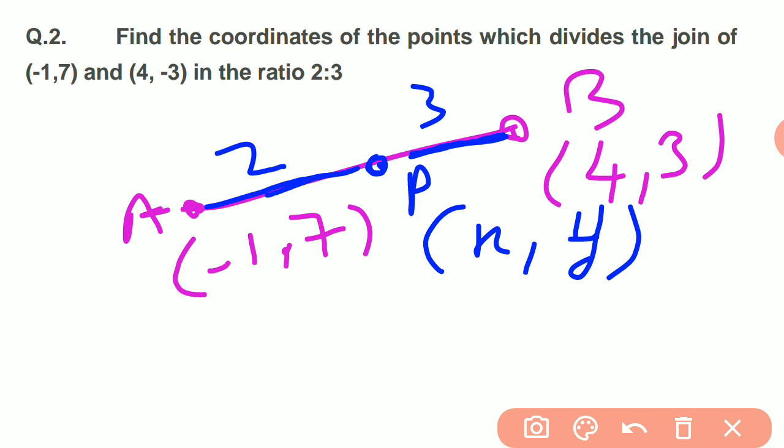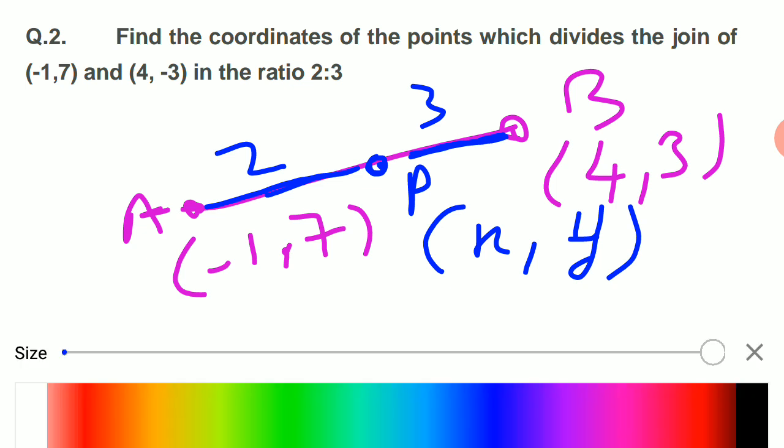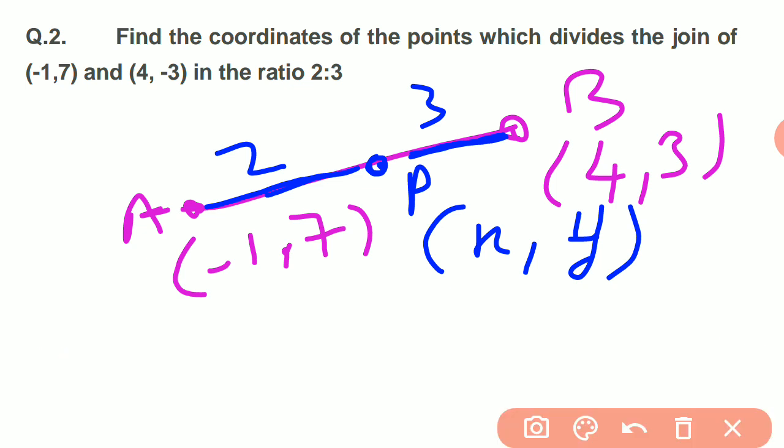So we will use the formula: P is equal to (m1x2 plus m2x1) upon (m1 plus m2), and (m1y2 plus m2y1) upon (m1 plus m2). We will use the formula discussed above. Now suppose this is x1 and y1, and this is x2 and y2.